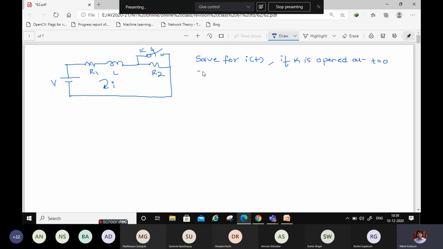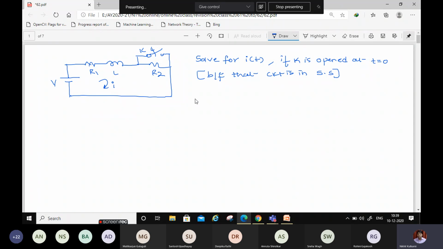Before the switch operates, what was given? Before that, the circuit is in steady state. If you go through yesterday's assignment, the same circuit I have given, but instead of V and all, I have given you the values.